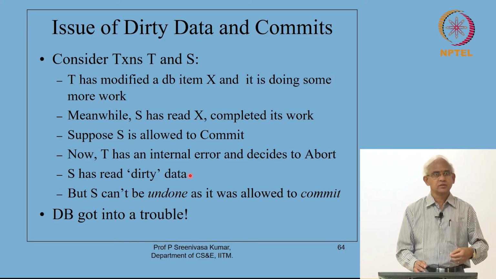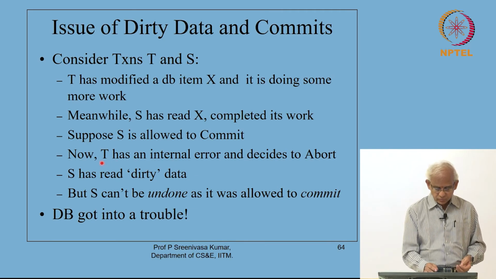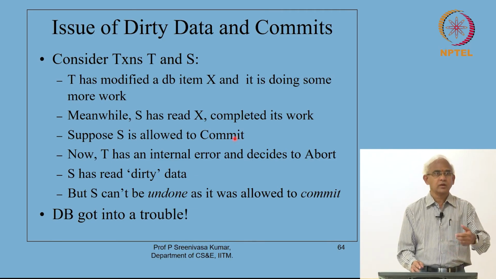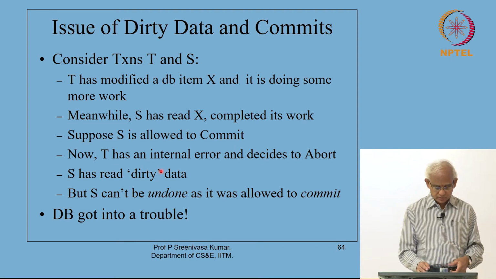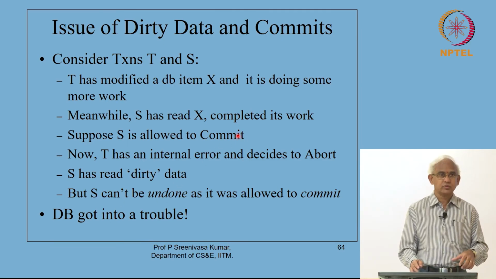It will do a rollback. But then we have allowed S to go ahead and commit. This should never be allowed, because it goes against the principle of what is called committing at all.